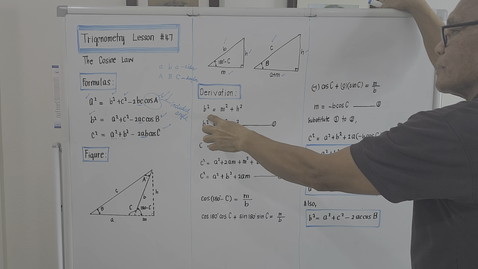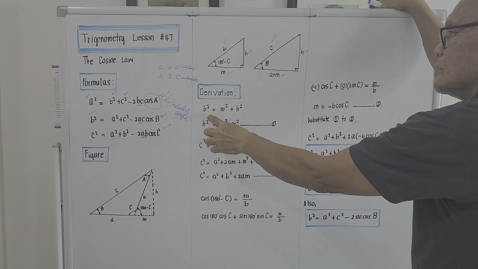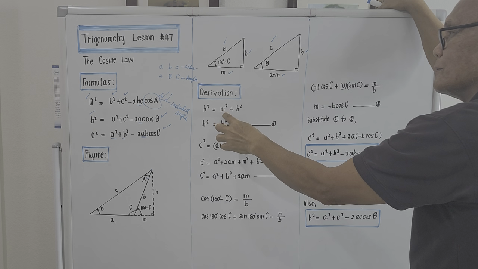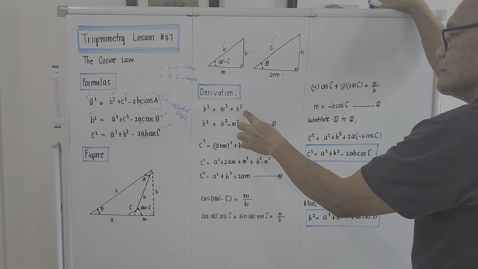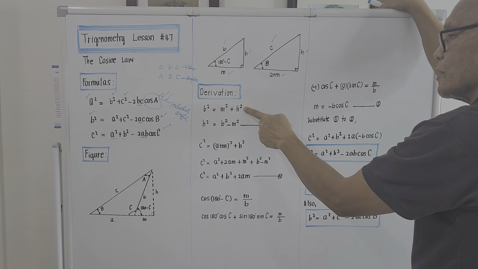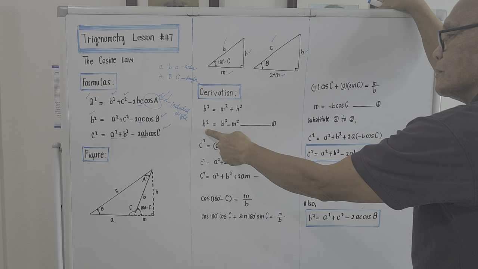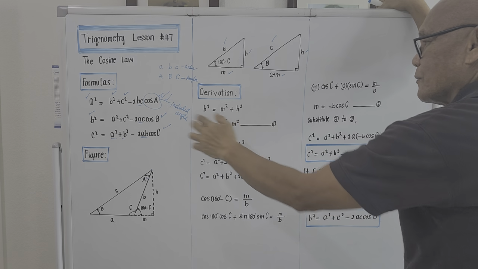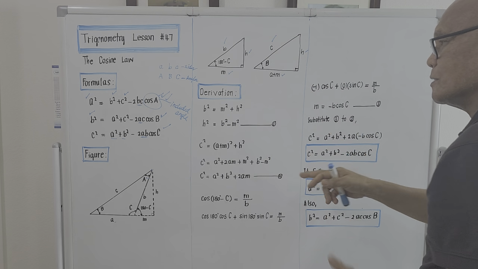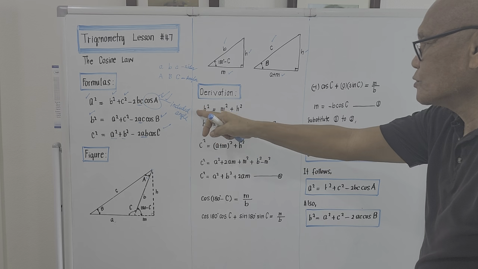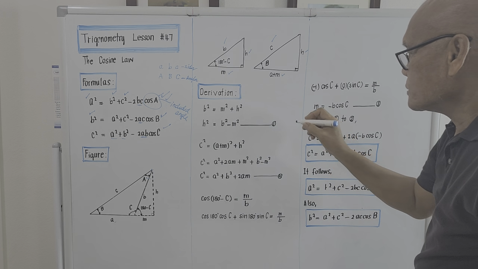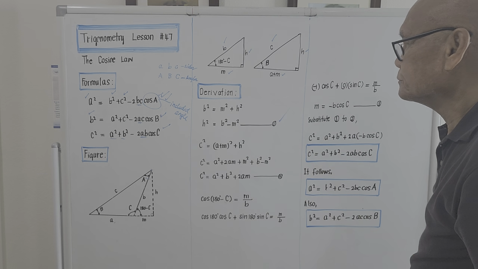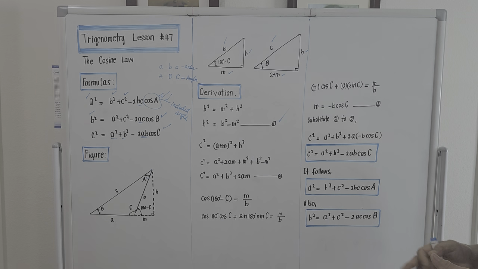So B square, the hypotenuse, should be equal to the square of M plus the square of H. Computing for H square, we put M square on the left, then rearrange. So H square will be B square minus M square. We call this equation number 1. That's the algebra portion already.